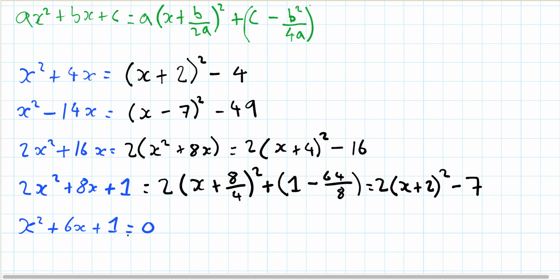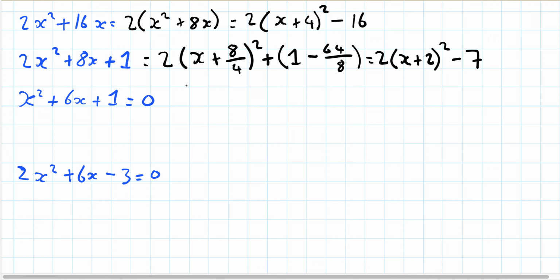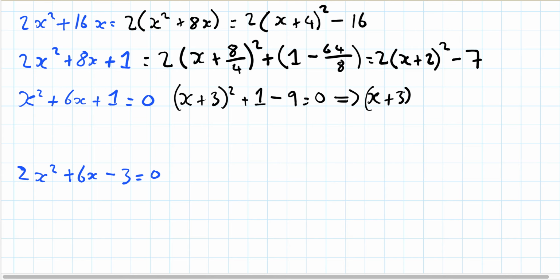So now we have it to solve the quadratic equation. So here we're going to do x plus 3 all squared plus 1 minus 9 equals 0, and then solve the equation for this. So that gives x plus 3 all squared minus 8 equals 0.